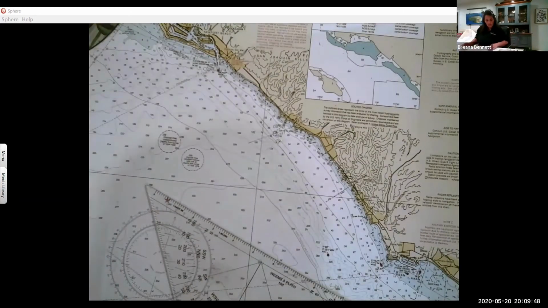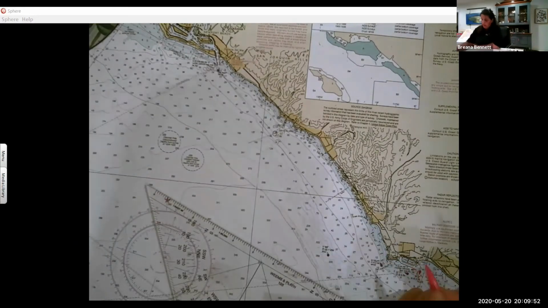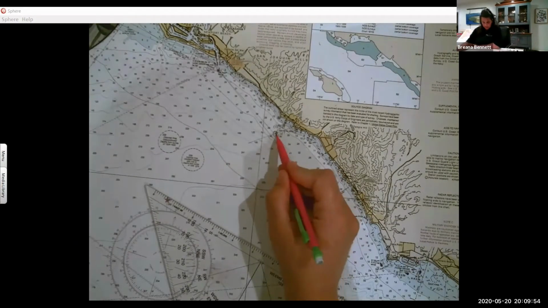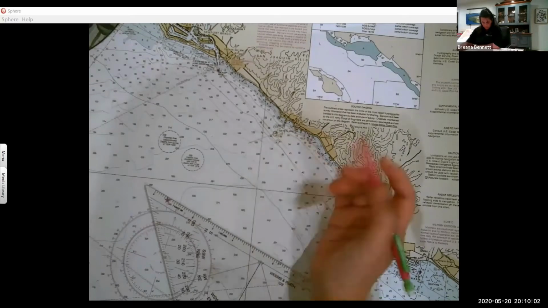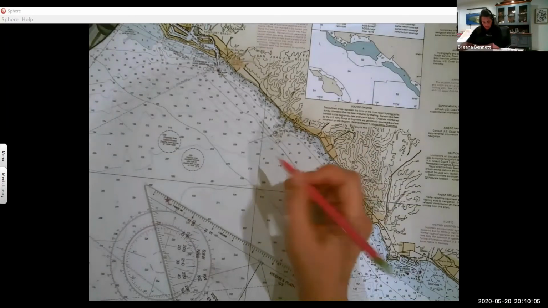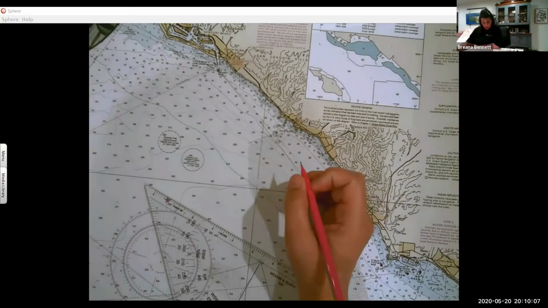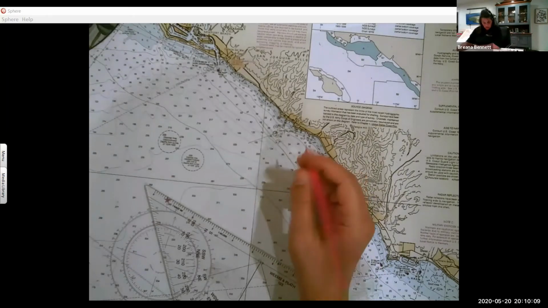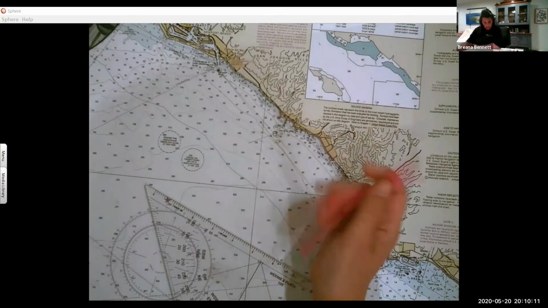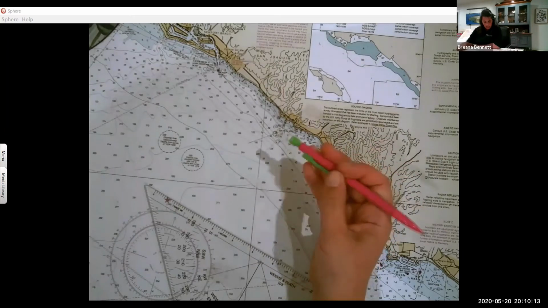Okay, so now we do a running fix. The fog rolls in after plotting our 0838 fix. You decide to steer further away from shore, so you change course to 140 PSC at 5.2. You are still concerned about your position at 0856.